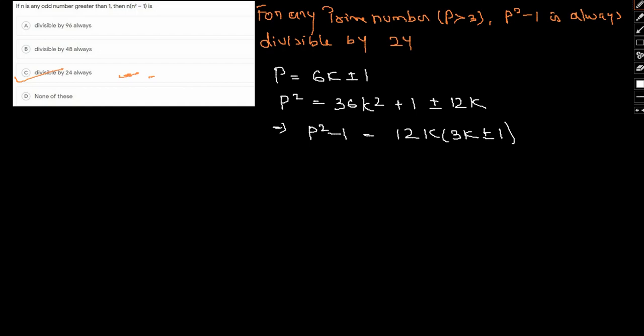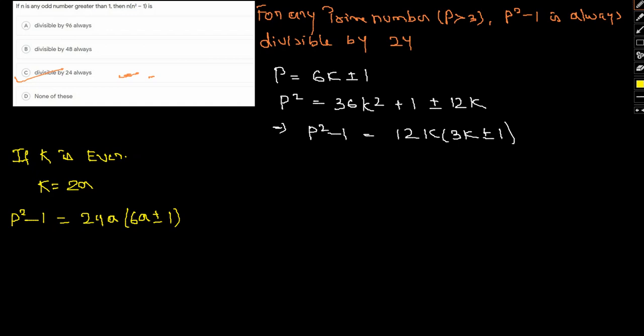Now we will have two primary conditions. Okay, so let me discuss both the conditions. First being, if k is even. Okay, so let me assume k equal to 2a. Okay, k is even, so therefore p squared minus 1 would be 24a, because k is 2a, I've substituted, 6a plus minus 1.